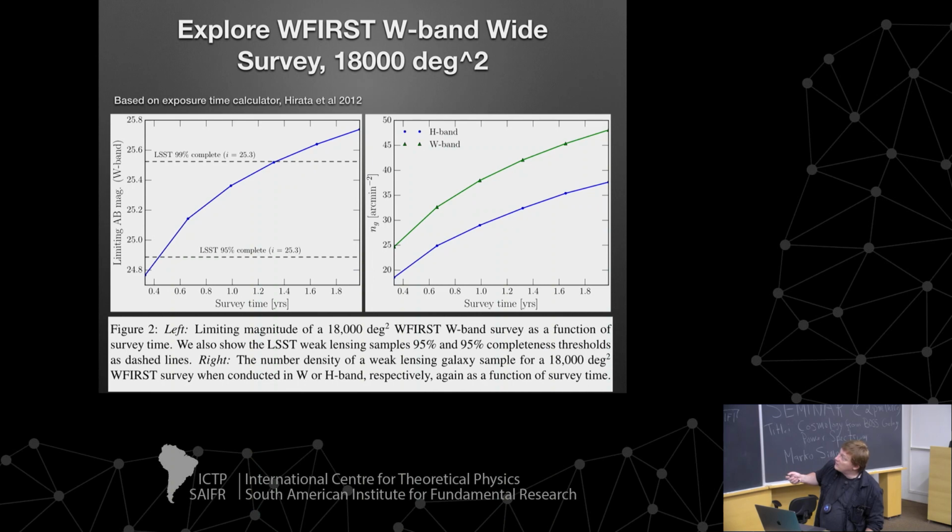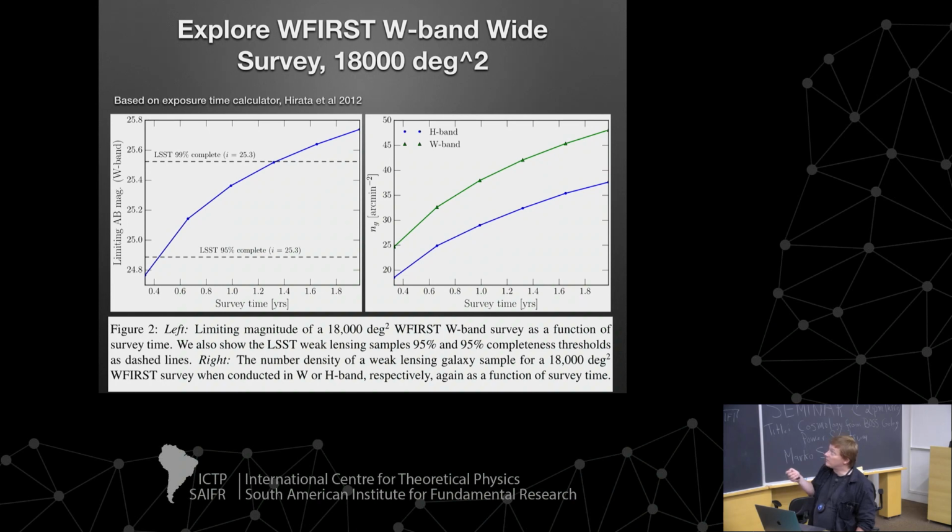And you can see that already after something like 0.5 years, so 6 months, you can reach LSST weak lensing depth. You get images of 95% of the LSST weak lensing sample over the whole LSST area, to 95% completeness, which is almost the full depth of LSST.